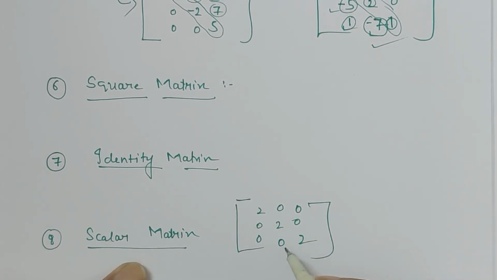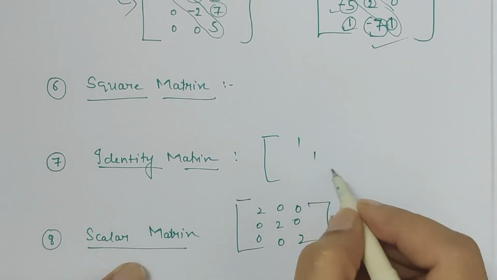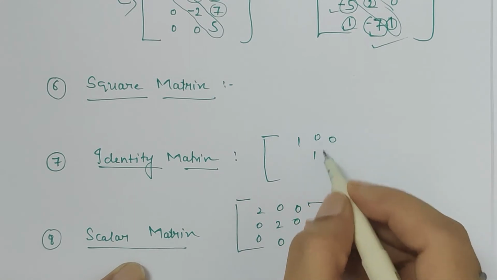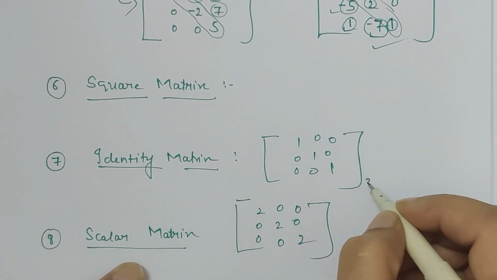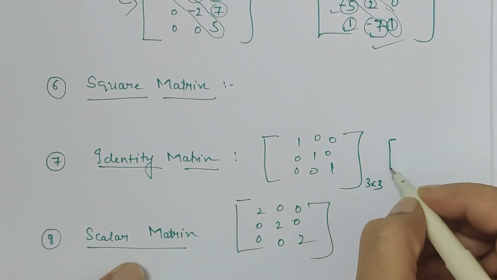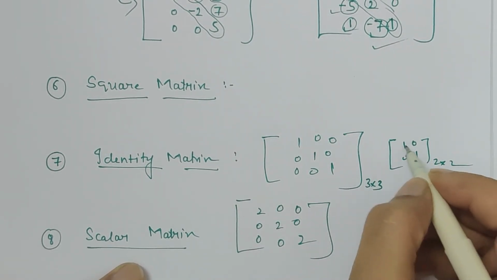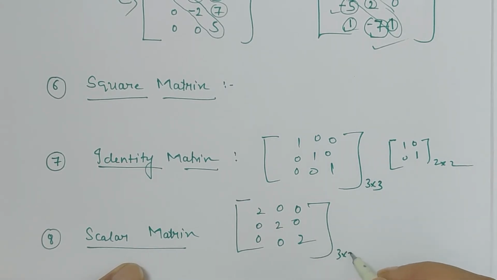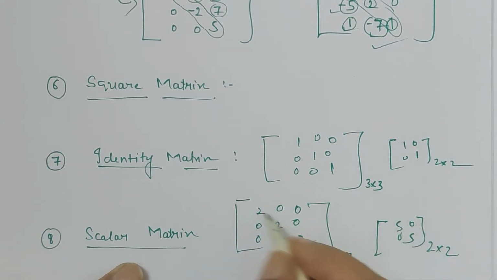Such matrix is called scalar matrix. Identity matrix is a matrix that has 1, 1, 1 at its principal diagonal and the other elements are 0. Be it a square matrix of 3 by 3 order or 2 by 2 order, the principal diagonal will have 1, 1. Similarly, for scalar matrix, we can have 5, 5 or any other same number at the principal diagonal entry.